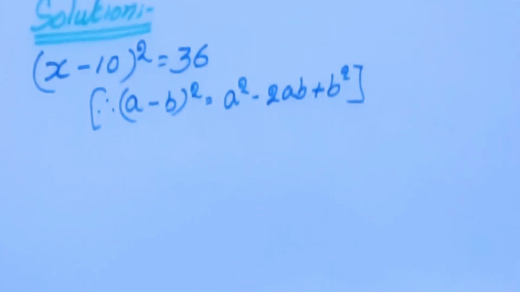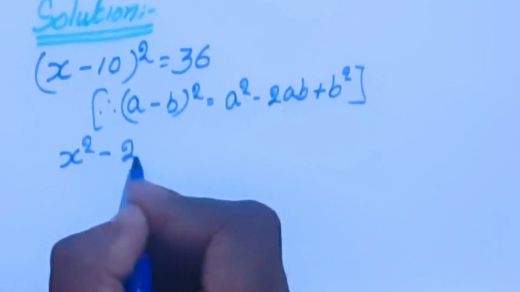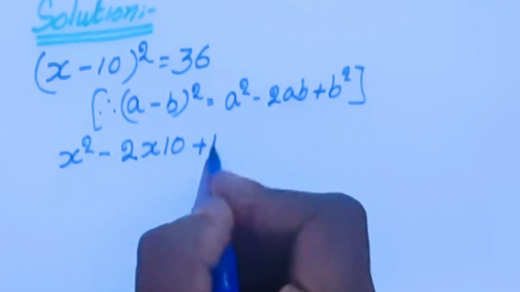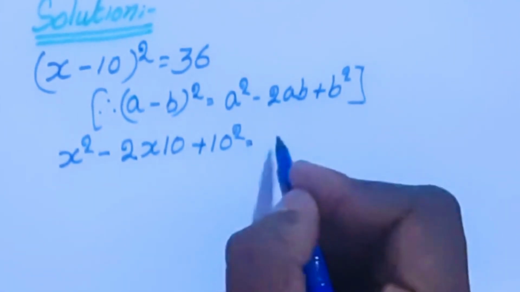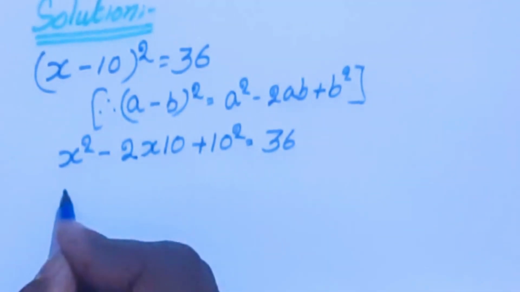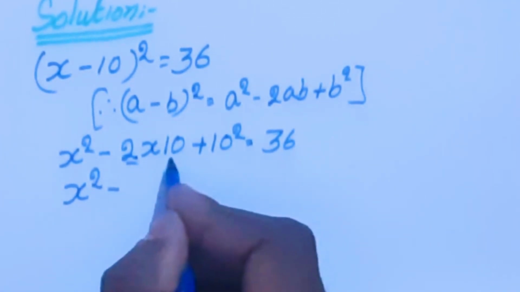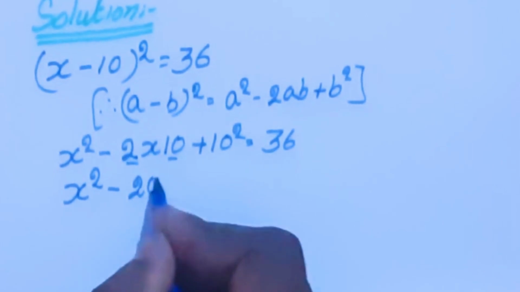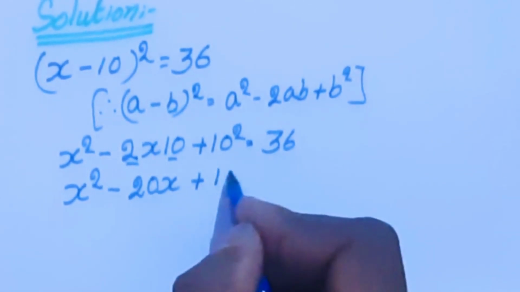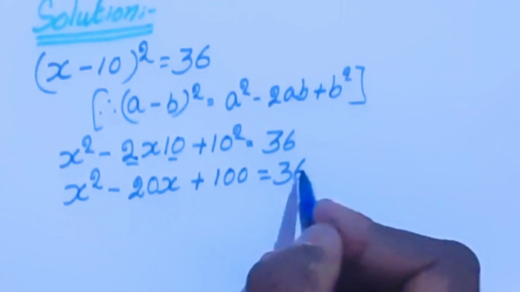So we'll get x^2 - 2 times x times 10 + 10^2 = 36. Now this is x^2 - 2 times 10, which is 20x, + 10^2, which is 100, = 36.